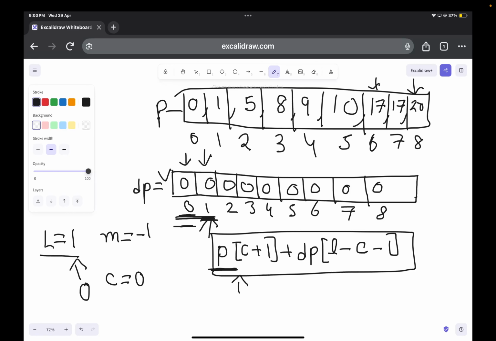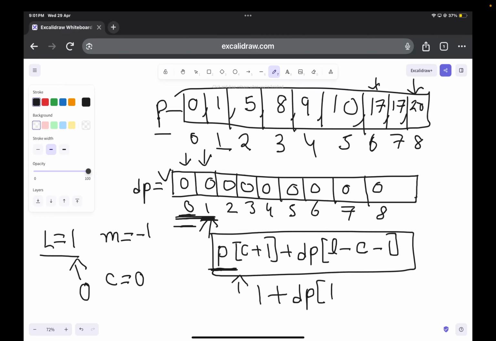Okay, so C 0 meter you can cut. If you are cutting 0 meter, C plus 1, 0 plus 1. What is 0 plus 1? 1. So what is the price of cutting 1? 1. So 1 plus dp of L. What is L?